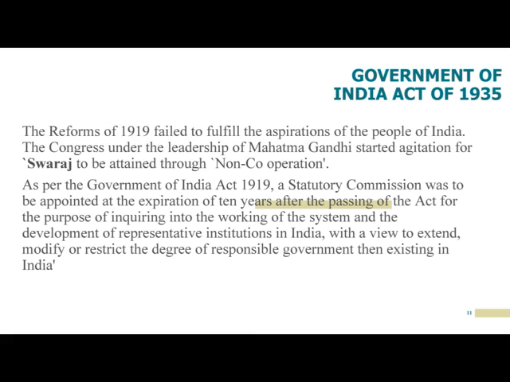The British government appointed the statutory commission in 1927 to inquire into the drawbacks that existed in the 1919 Act. So the commission was appointed to gather information towards fulfilling the Act of 1919.